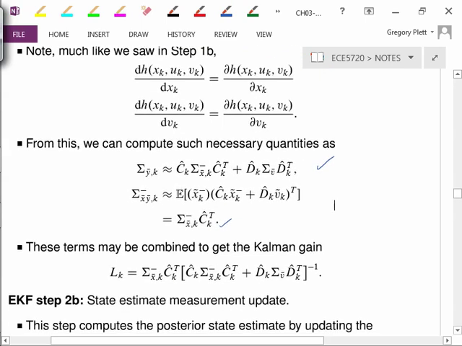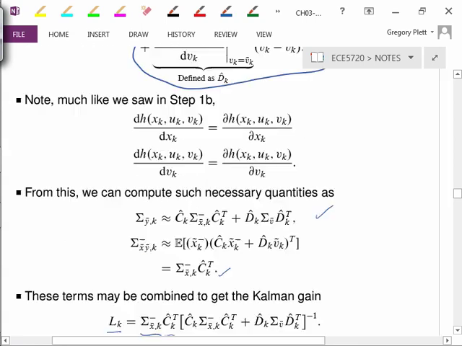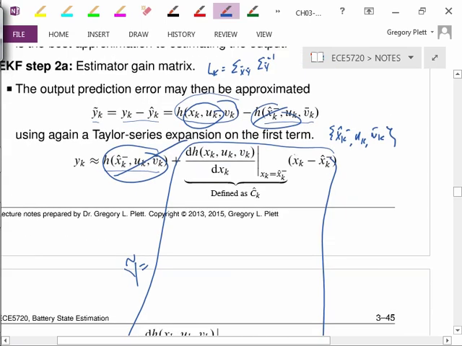And we combine all of that together to get the Kalman gain, and so we have L equals sigma x tilde minus from step 1b times c hat transpose, where c hat is this partial derivative evaluated at x equals x minus.